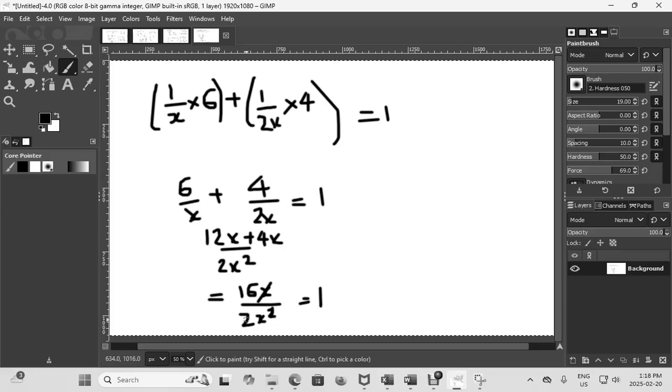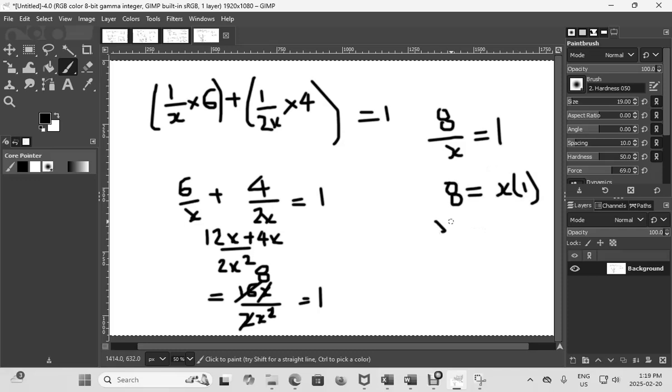Which is basically 8 over x equals 1, which means 8 equals x times 1, which is x.